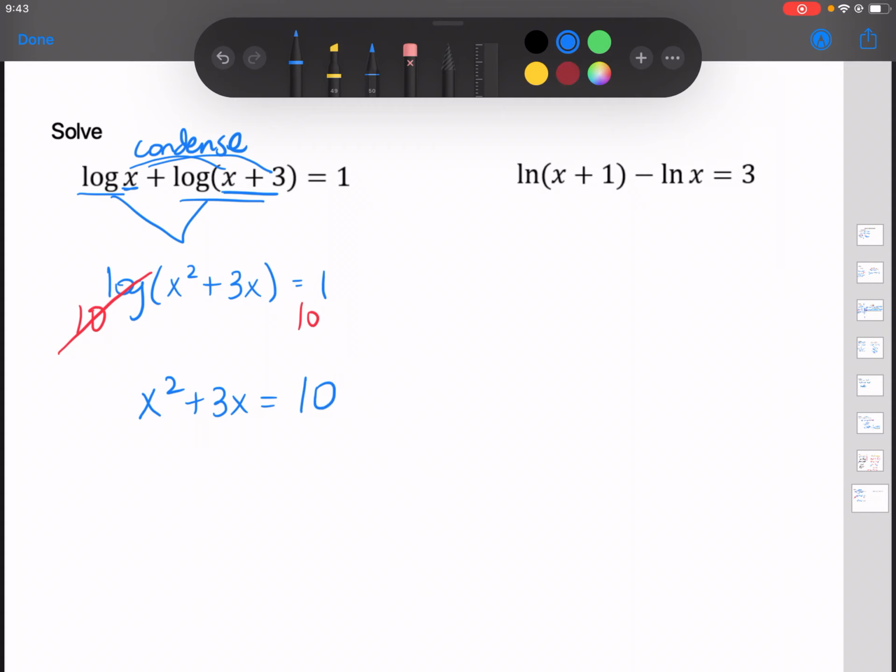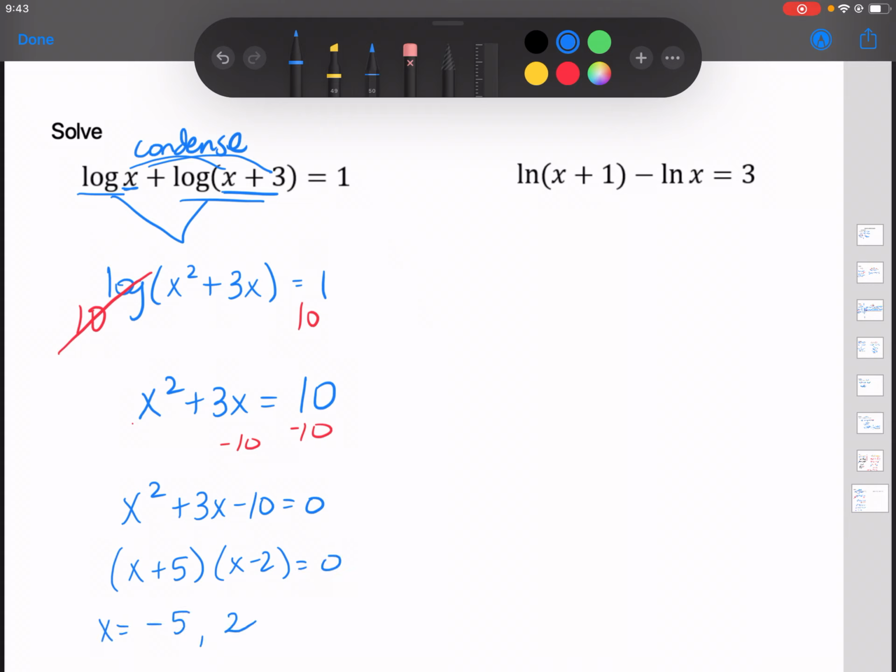This is a quadratic, where there's a quadratic term and a linear term, so I will have to get it equal to 0 so that I can then factor. So this factors to x plus 5 and x minus 2. So my zeros would be negative 5 and positive 2.